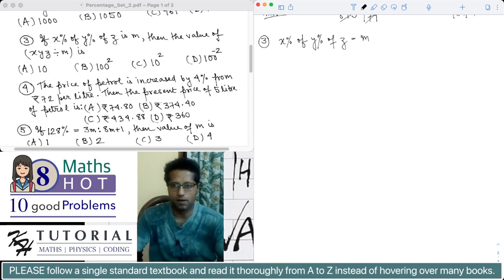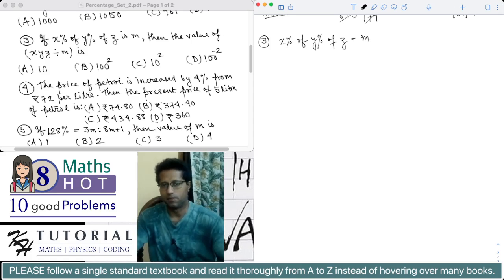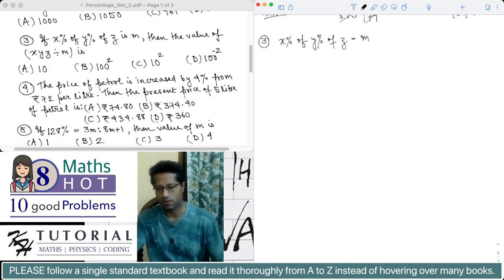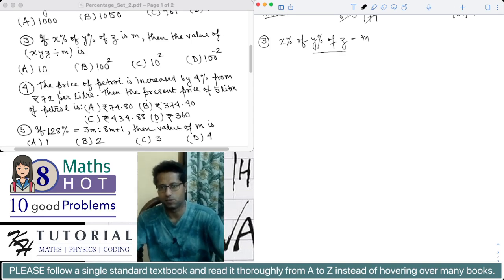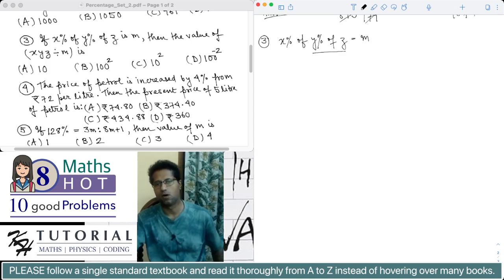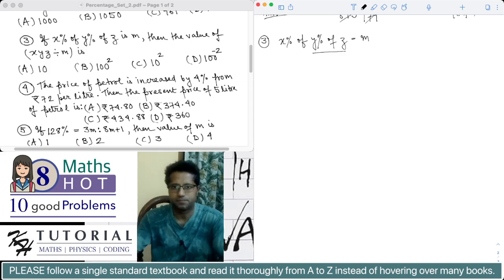Now whenever you have multiple percentage and of operator, then you always evaluate from the right hand side. That is, we will first evaluate y% of z, whatever that value is, then we will apply x% of on that value.